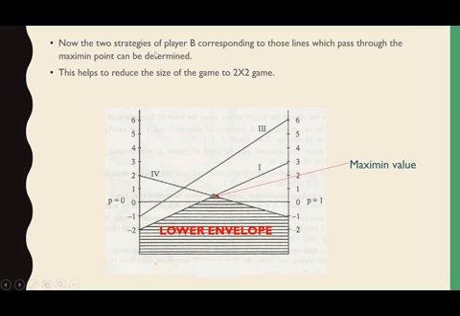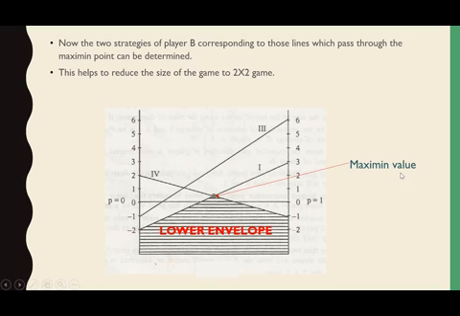Now, the two strategies of player B corresponding to those lines which pass through the maximin point can be determined. So our basic aim is to plot all straight lines for all the pairs. After plotting, we will identify the lower envelope, right? After identifying the lower envelope, we will choose the highest point on the lower envelope.